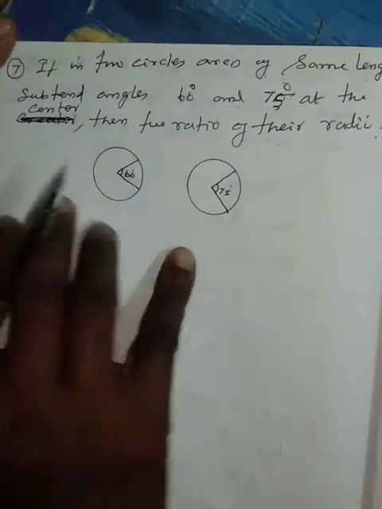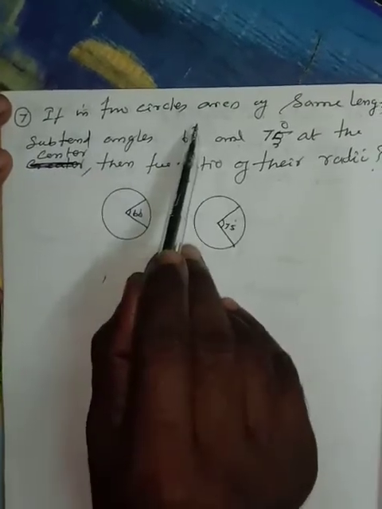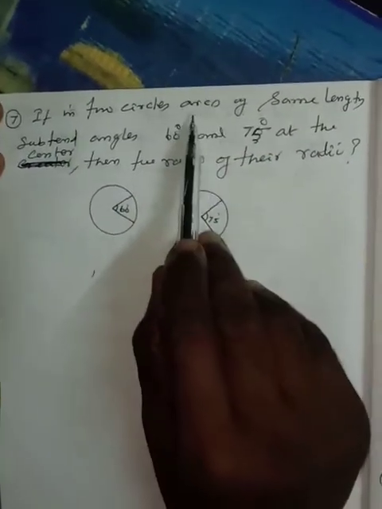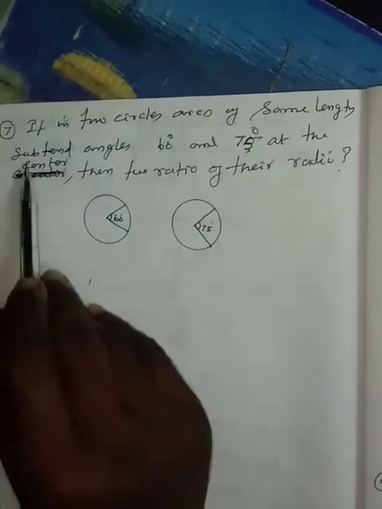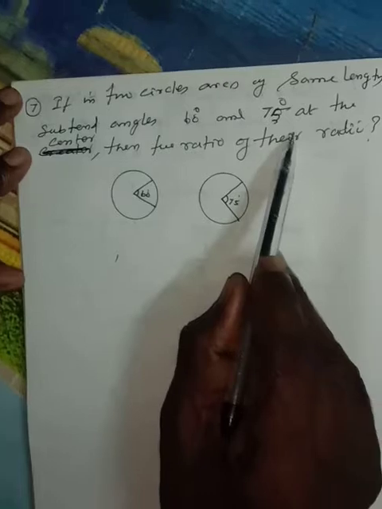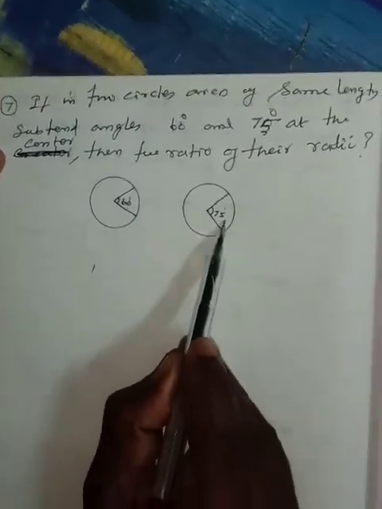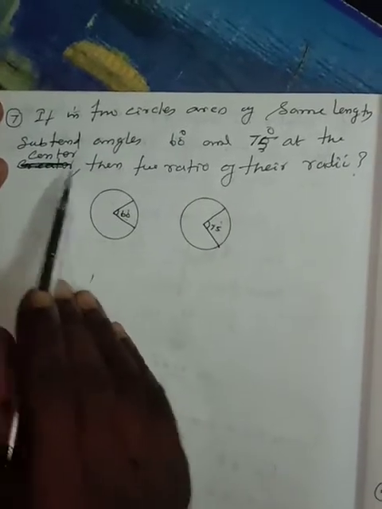If in two circles arcs of the same length subtend angles 60 degree and 75 degree at the center, then find the ratio of their radii. One is 60 degree, another one is 75 degree at the center.